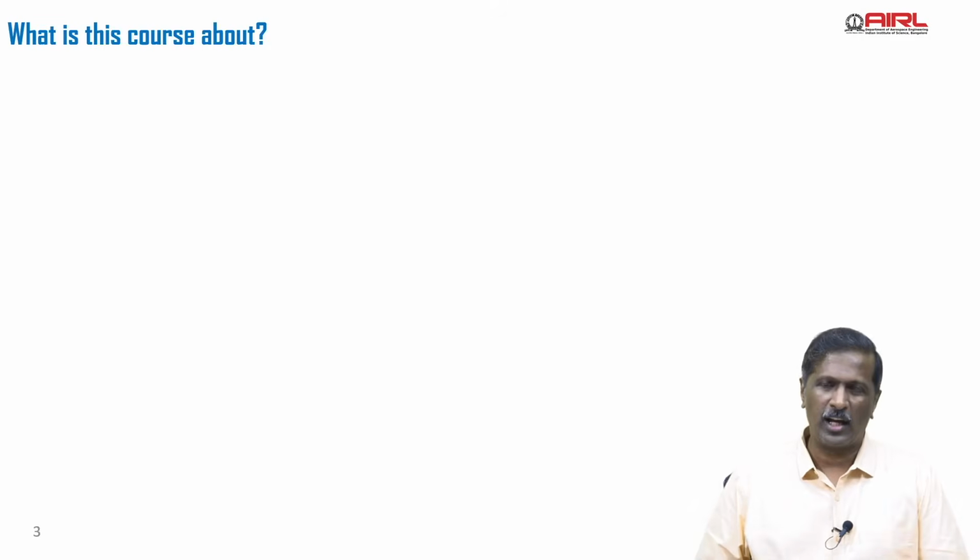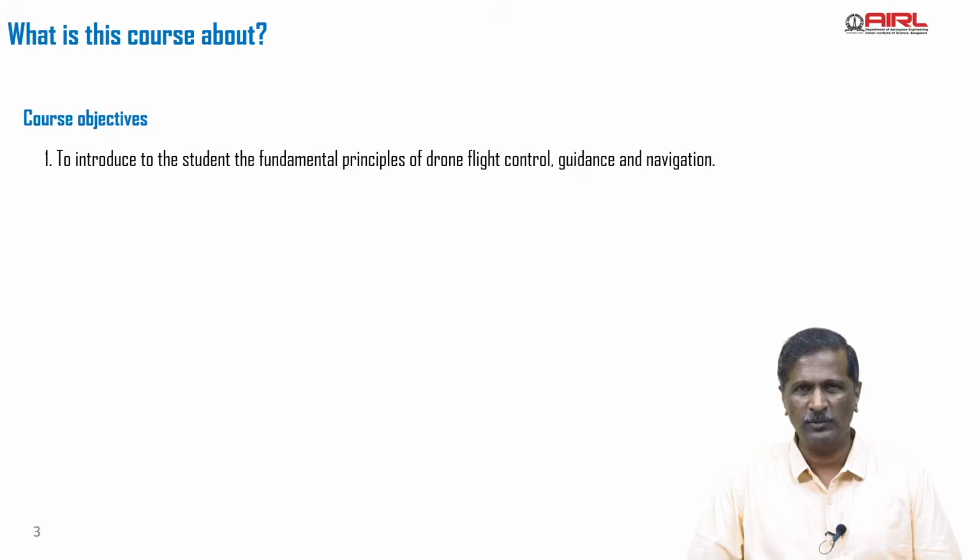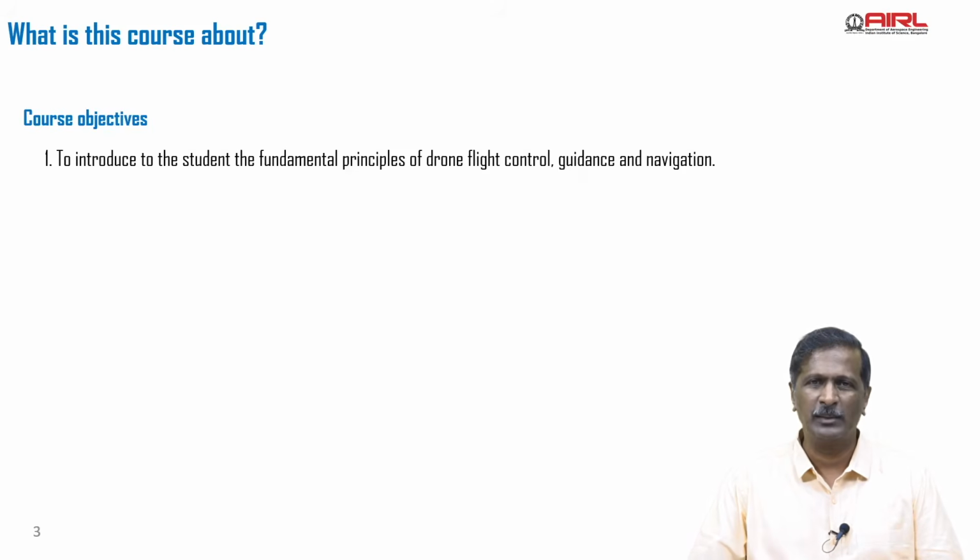What is this course all about? The course objective: we talk about fundamentals of drones, understanding, modeling, and simulation of the drone, how we bring in the 6 degree of freedom model, and how we implement this model in MATLAB. And once you understand the model, we'll talk about linearization of this 6 degree of freedom model, and how we develop the control.